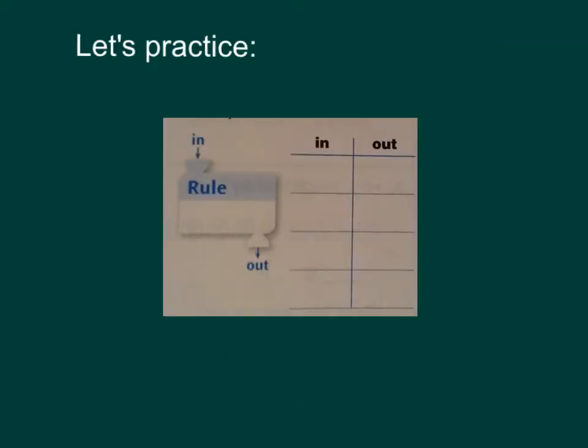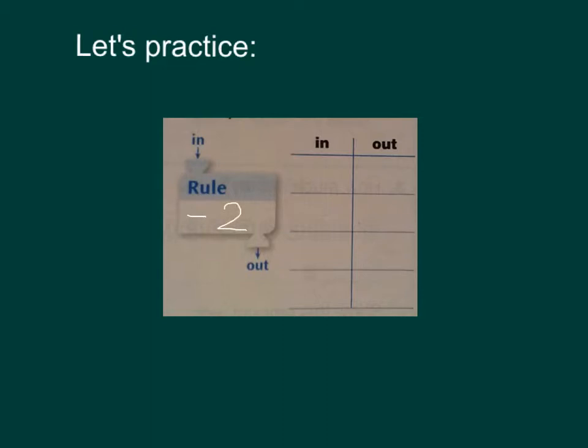Let's practice. Today, boys and girls, we're going to do it a little bit differently. I'm going to show you and tell you what the rule is, and I'm also going to give you some in numbers. And then we're going to work together to see if we can figure out what the out numbers would be. So boys and girls, I'm going to put in our rule, subtract 2.